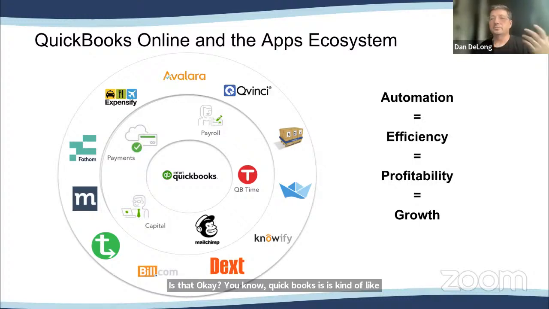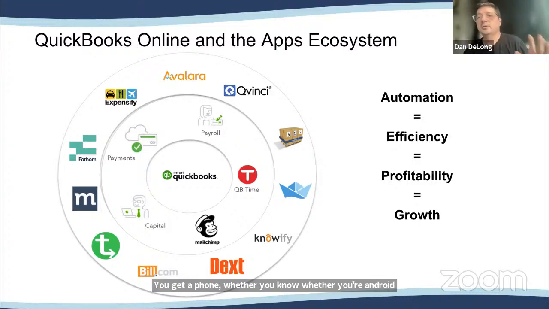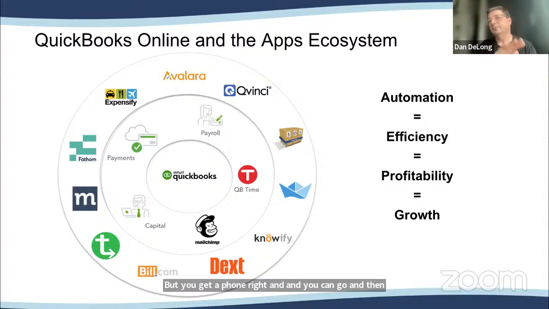You get a phone, whether you're Android or Apple, it doesn't matter. We're not going to start that argument, but you get a phone, right? And you can then get apps to enhance that phone's experience. In my mind, this is what QuickBooks Online is. It's like the phone, and then you have specific apps that you can use to enhance it.